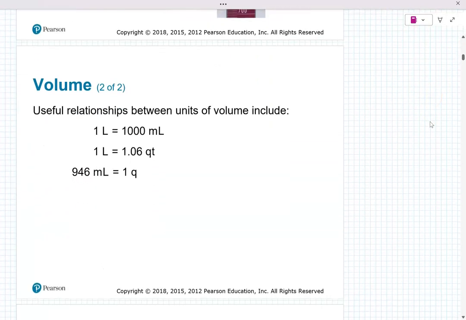Okay, so I was raised in an environment with the metric system. The imperial system still makes no sense to me. I'm kind of used to it, but it makes no sense. So, for your daily life, sure, that can be useful. 1 quart is equivalent to 946 milliliters.